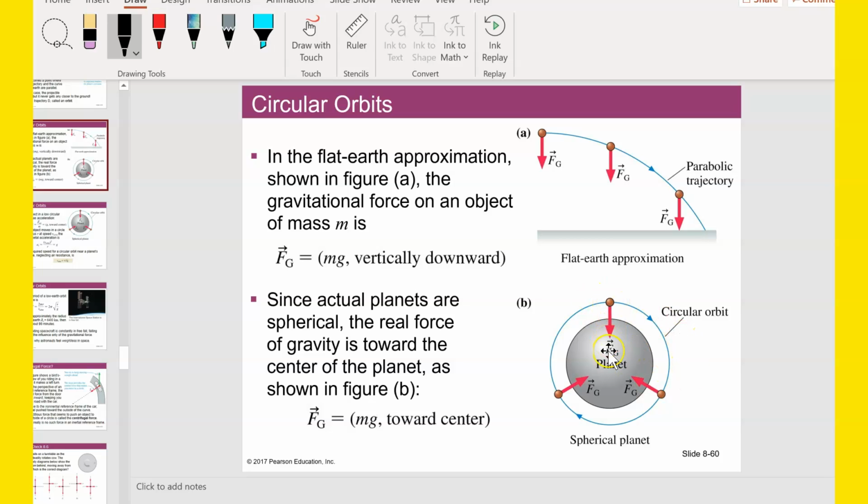The force of gravity points toward the center here. Notice it's going this way, but to point toward the center here, it's got to go that way and that way. And so Fg for a circular orbit is constantly changing its direction. With the flat Earth approximation, we don't have to worry about that because it's a negligible change.